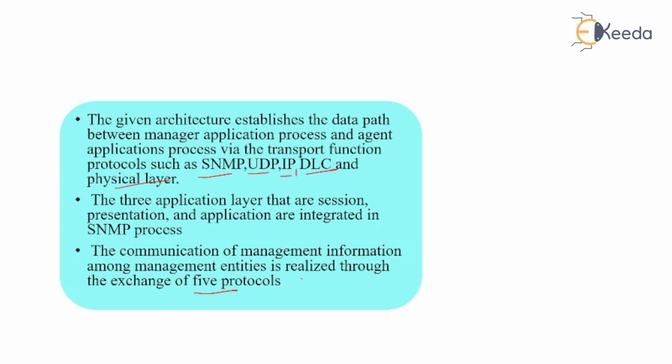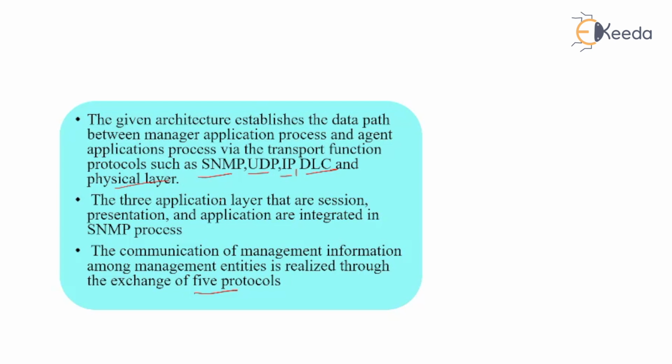So for the SNMP, whatever number of protocols, that means rules and regulations, we try to utilize, that are nothing but these 5. And hence in the given architecture, that means in the system overview of SNMP, we use this 5 protocol combination as a layered architecture to transmit or receive the different types of messages.